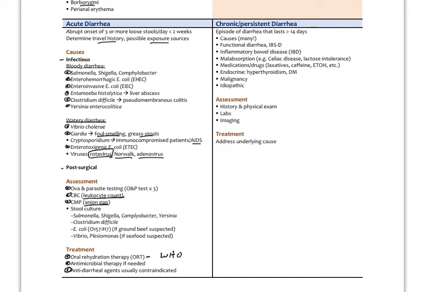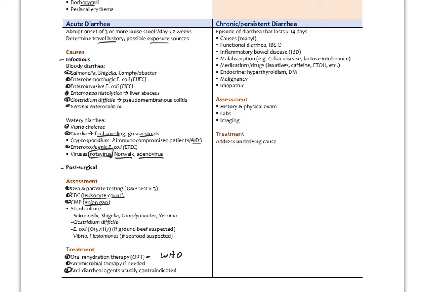A lot of people will take over-the-counter things like loperamide, antidiarrheals for acute diarrhea, which is not a good idea because your body's trying to get rid of whatever bacteria, and a lot of these bacteria, either their cell walls are acting as what are called endotoxins, or they're secreting exotoxins, and you want that all to flush out. You don't want to keep it in. So that's the typical approach to acute diarrhea.